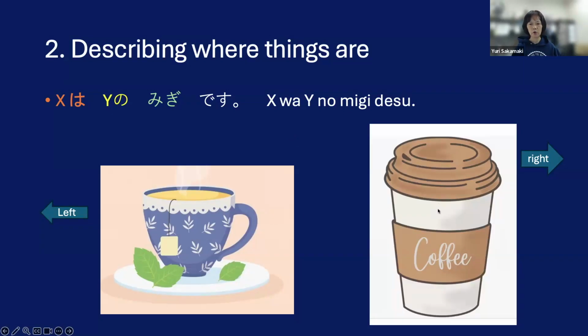So using コーヒー、お茶, how would you describe these two things? We can say something like お茶はコーヒーの左です. It's this way, left. Or we can say コーヒーはお茶の右です. Tea is right.